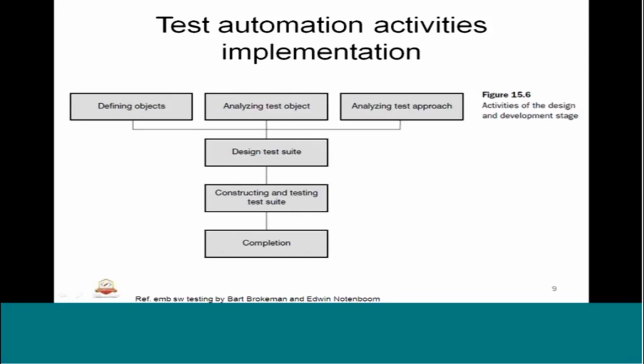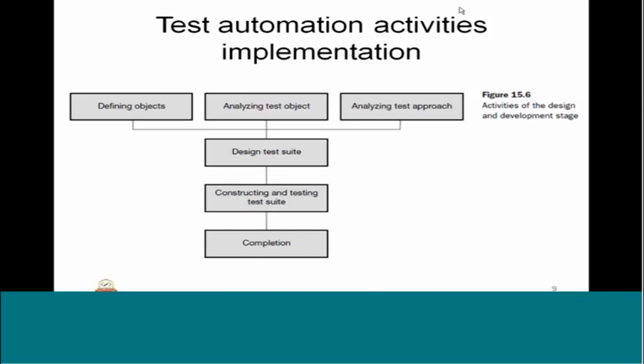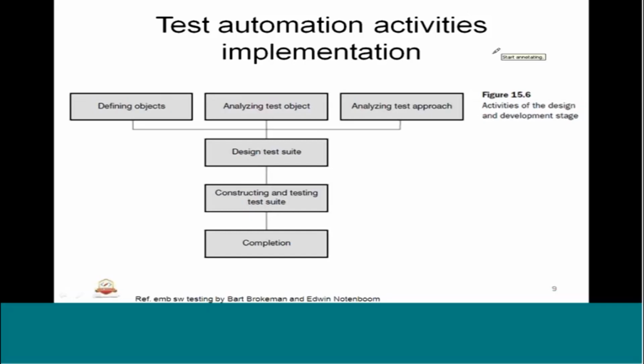Then with the help of these defined objects and the analyzed test objects and approach, once we have finalized them for each of the requirements for the particular suite, we are going to start the design of the test suite. Then we'll have the construction of the test suite with the scripts or whatever it is. Once it is done, we reach the completion stage.